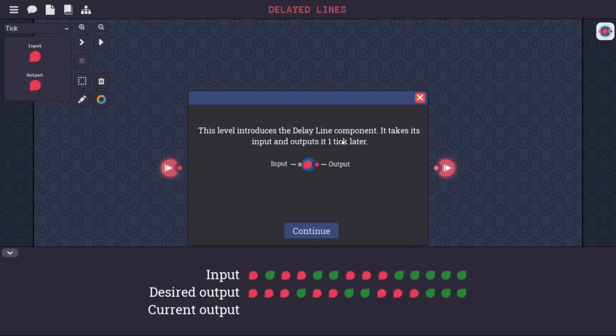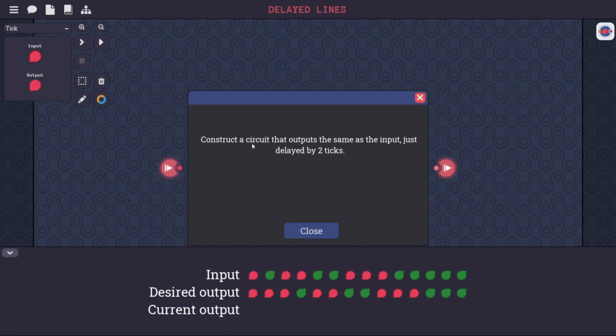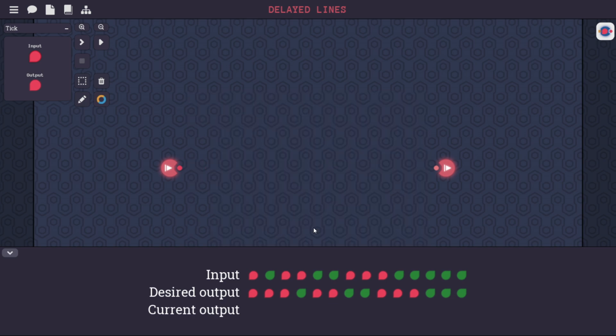So it's like something that's delaying, a bit behind. Let's see what this level is based on the example. We are told to construct a circuit that outputs the same as the input, just delayed by 2 ticks.